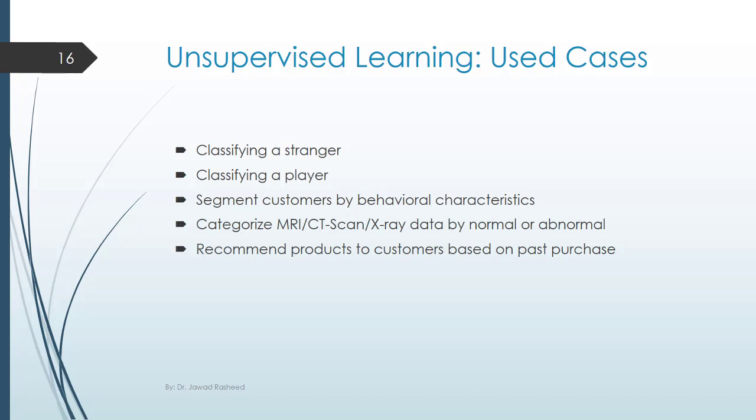In the same way, in the healthcare sector, it is used to categorize the MRI data, or you can say the X-ray data or CT scan images, by whether it is a normal one or an abnormal one.